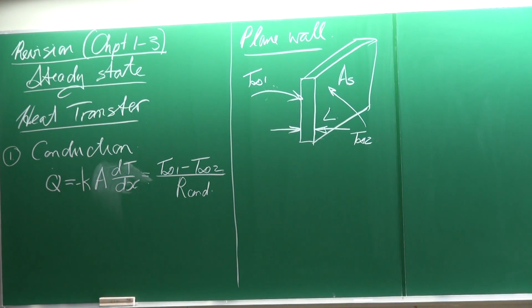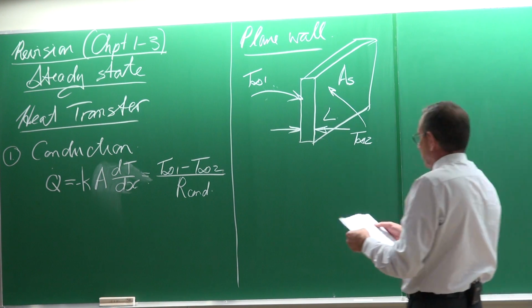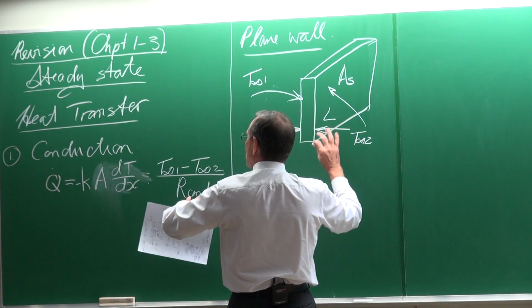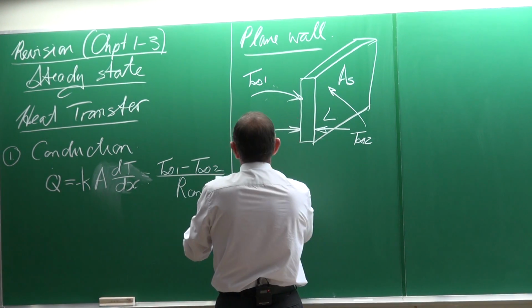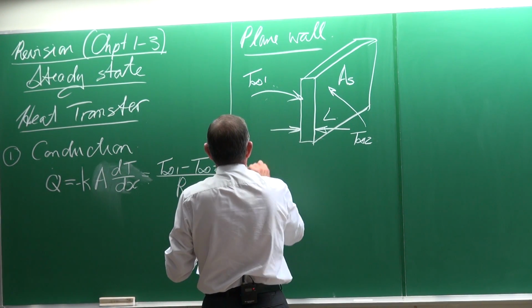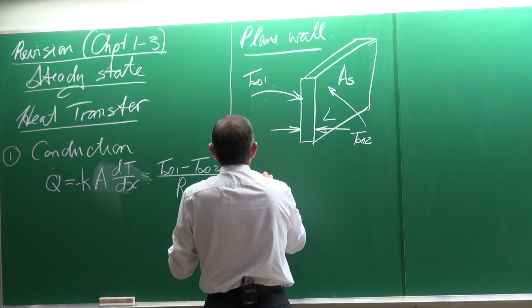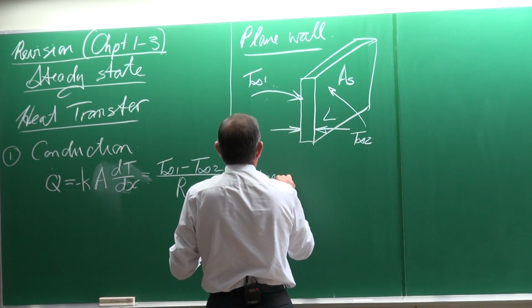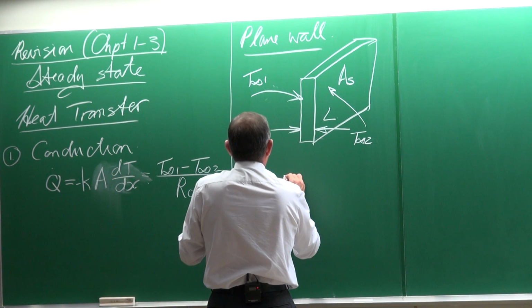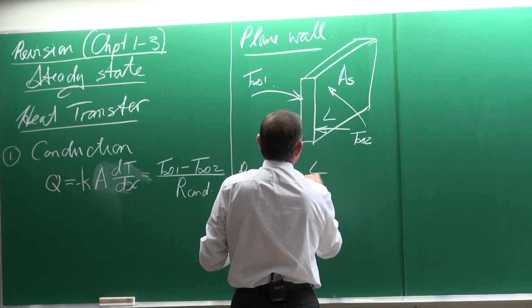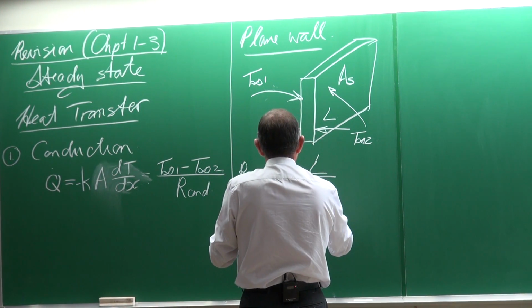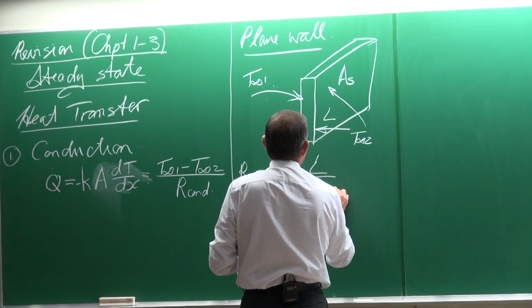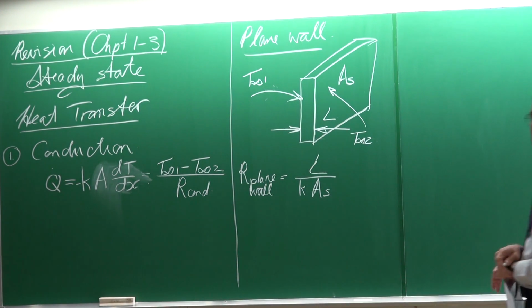So there's a temperature difference over the plane wall, and for that case, if you just work through the equations, you'll be able to derive the so-called resistance for the plane wall, which is equal to the thickness of the plane wall divided by the thermal conductivity multiplied by the surface area through which the heat transfer occurs.